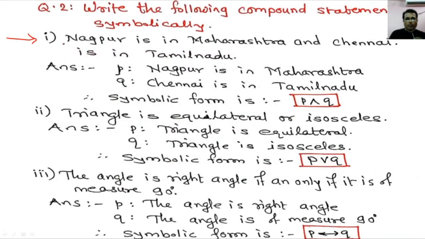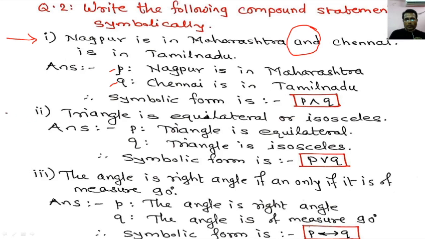First question: Nagpur is in Maharashtra and Chennai is in Tamil Nadu. Now it is clear that we have to take P as Nagpur is in Maharashtra, Q as Chennai is in Tamil Nadu, and therefore its symbolic form is P and Q, because the word and is used as a connective.